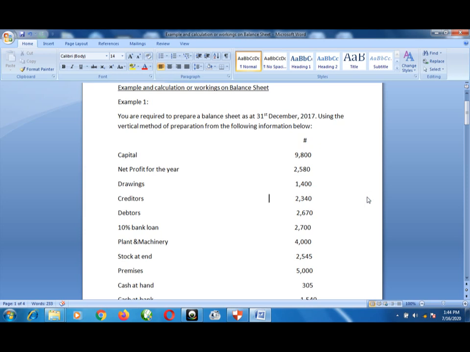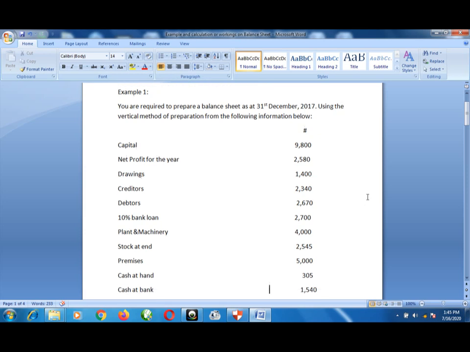Drawings, 1,400. Creditors, 2,340 naira. Debtors, 2,670 naira. Bank loan, 10% on bank loans, 2,700 naira. Plant and machinery, 4,000 naira. Stock at end, 2,545 naira. Premises, 5,000. Cash at hand, 305 naira.